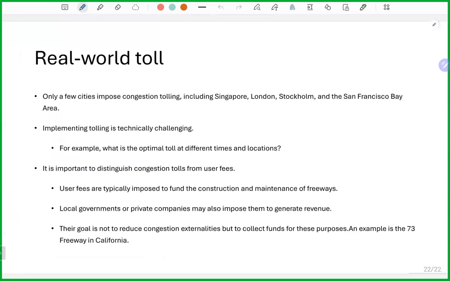Okay. Real world toll. Okay, so it's very rare. Tolls are implemented in cities such as Singapore, London, Stockholm, and San Francisco. Recently, New York City. The reason why it is rare is because people are against this policy, and people don't trust the government, and then there are equity concerns.